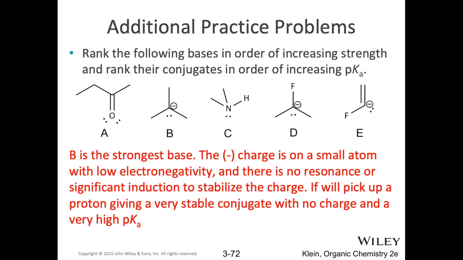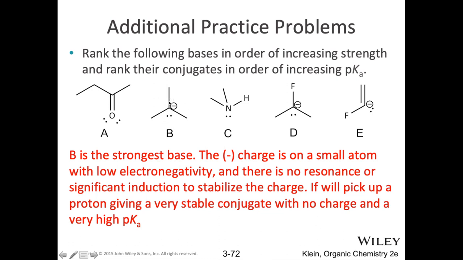Out of B, D, and E, B is going to be the strongest base out of all three of those. D and E both have fluorines attached to them, whereas B doesn't have any inductive effect, so it doesn't have an electronegative fluorine pulling on that negative charge and stabilizing it by spreading it out and delocalizing it.